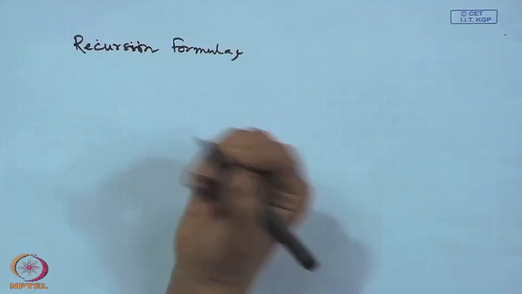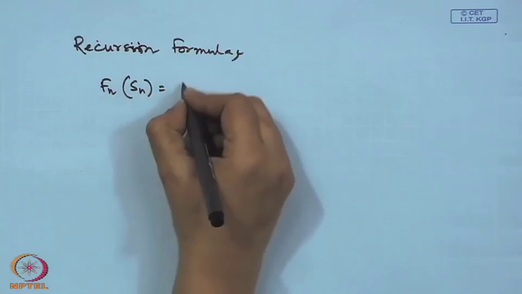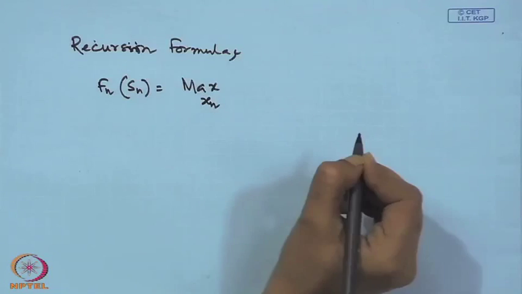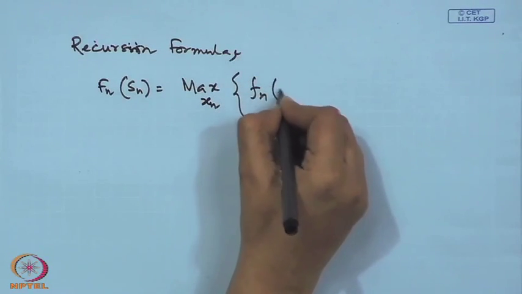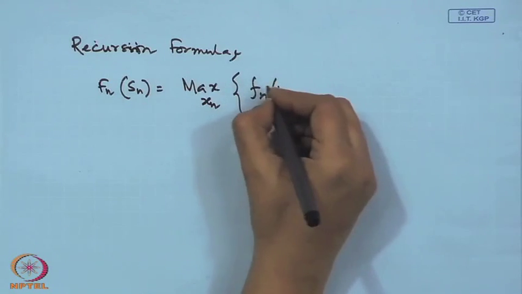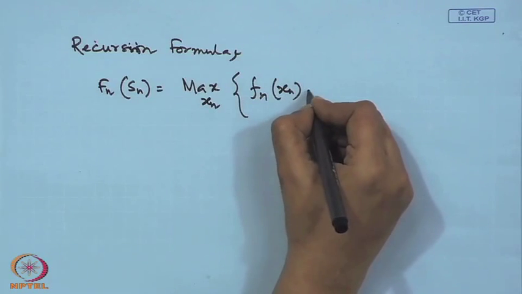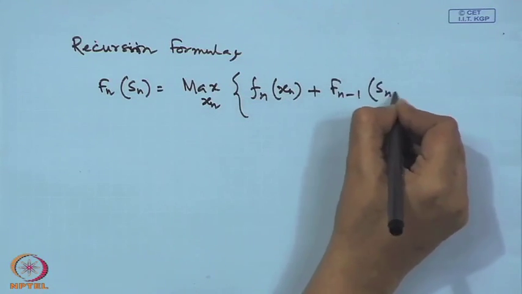Now, the recursive formula can be written very nicely again. Fn(Sn) is equal to, by considering one variable at each stage, the nth stage would be, I am sorry, not Fn xn, this is the objective function fn(xn) plus Fn-1(Sn-1).